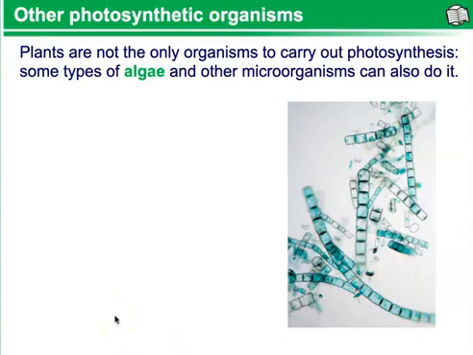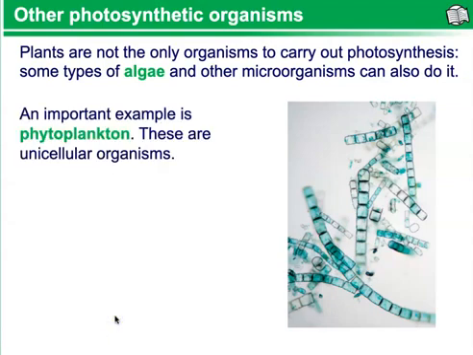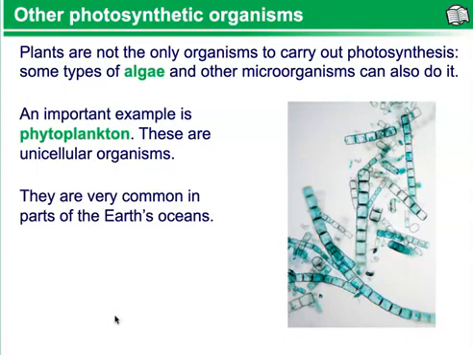Other photosynthetic organisms. Plants are not the only organisms to carry out photosynthesis. Some types of algae and other microorganisms can do it also. An important example is phytoplankton. These are unicellular organisms. They are very common in parts of the Earth's oceans.